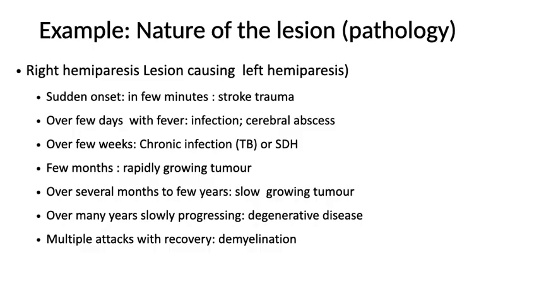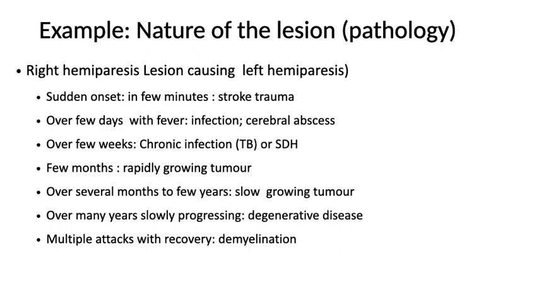If you have a left hemiparesis, meaning a right hemispheric lesion, we will see how the nature of the lesion can be found. If it has occurred within minutes or maybe within hours, then the diagnosis would be either something like a vascular obstruction or hemorrhage, which is called a stroke, or a traumatic lesion causing damage to the hemisphere.